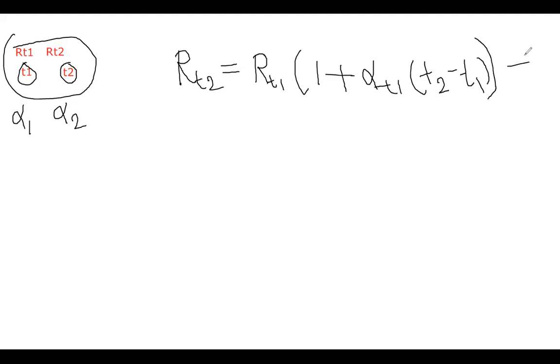This is equation number 1. This is when the temperature rises, and at that time RT2 is equal to RT1 into bracket 1 plus alpha T1, T2 minus T1.